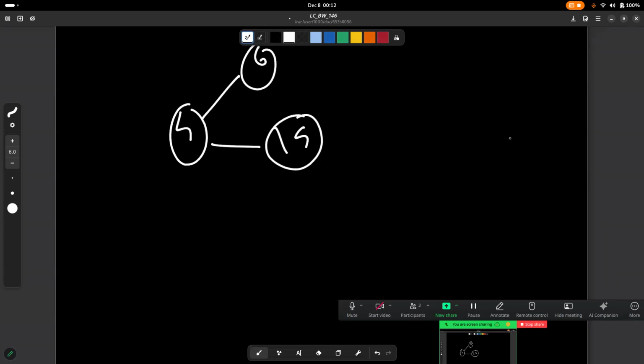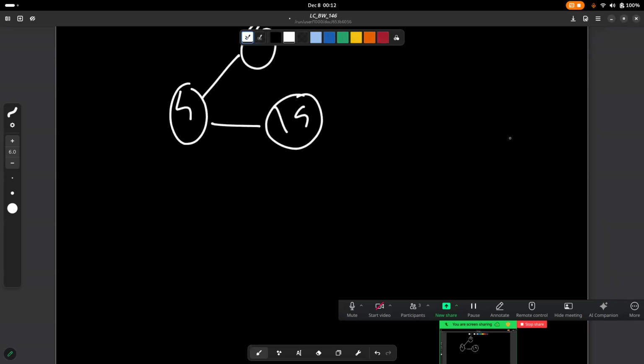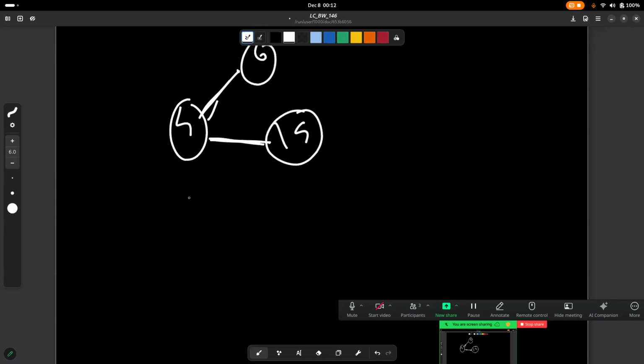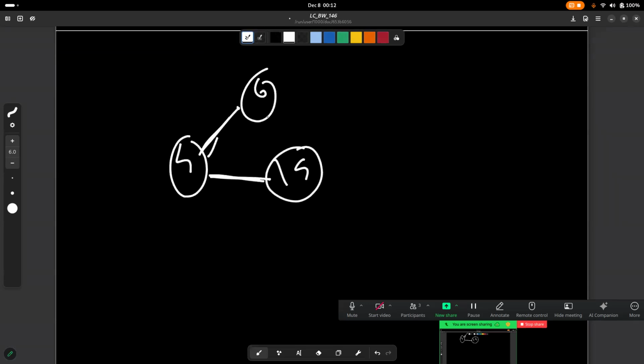Now consider one more thing. When I can add an edge from 6 to 4, I can add an edge from 14 to 4. So I don't really need to add an edge from 6 to 14.